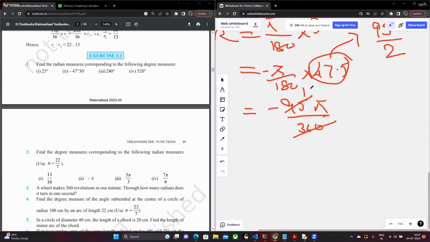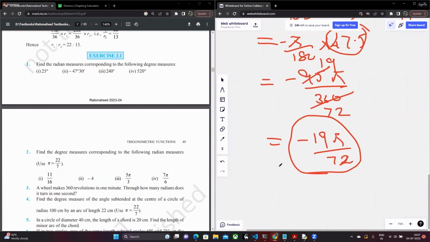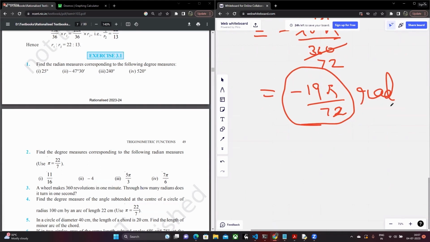This is going to be 19, and this is going to give me 72, right? So this is basically minus 19 pi divided by 72, right? And I should not forget the measure, right? Radians.